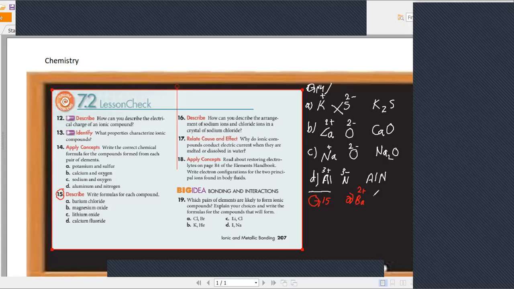Chloride is -1, because it's in group 7A, so it's going to have a negative charge. So the formula for this is going to be BaCl2. Okay, this is for section A. Write the answer, please.